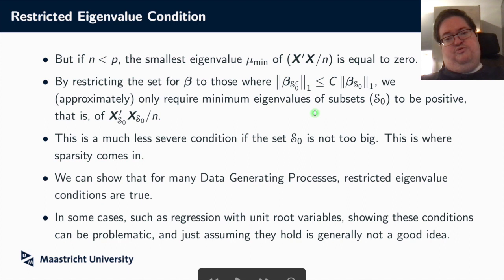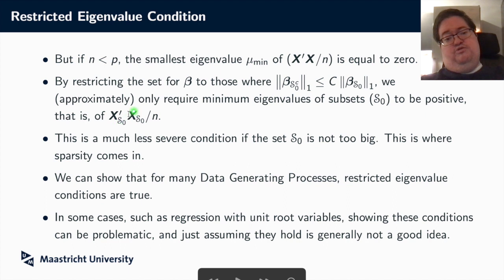So what we're almost doing is setting this thing close to 0. Suppose it would actually be 0, then you would only look at eigenvalues of a subset of variables. So you would look at only the columns in S0 of x prime x.